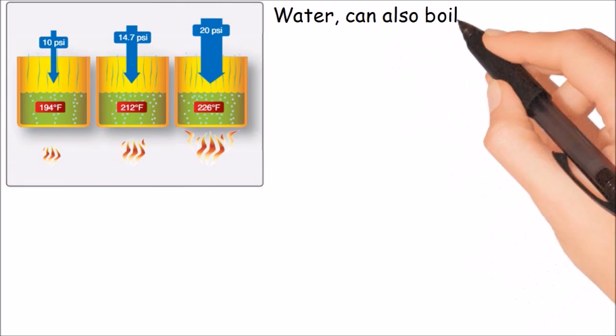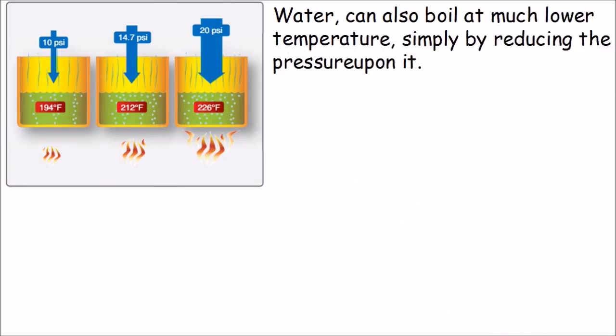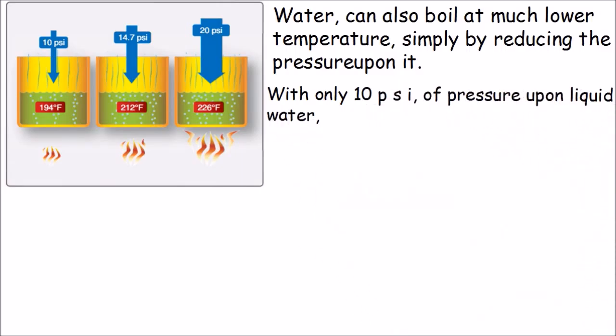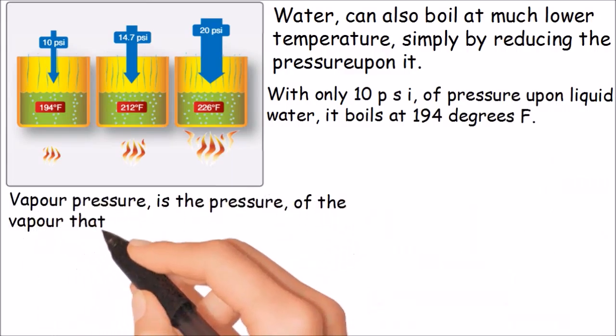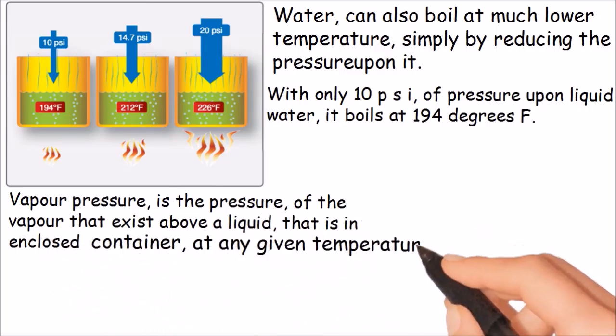Water can also boil at a much lower temperature, simply by reducing the pressure upon it. With only 10 psi of pressure upon liquid water, it boils at 194 degrees Fahrenheit. Vapor pressure is the pressure of the vapor that exists above a liquid that is in an enclosed container at any given temperature.